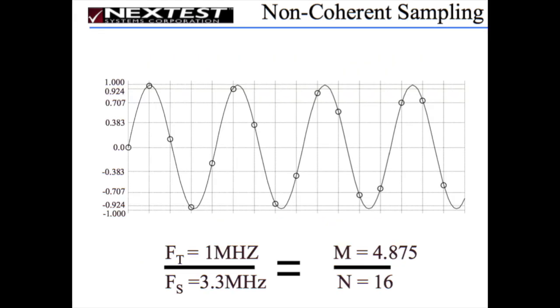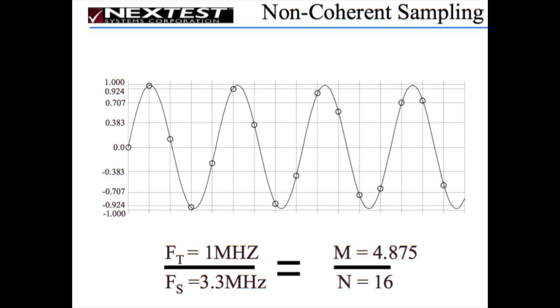Now here's an example. This one is a 1 megahertz sine wave. The sample rate is 3.3 megahertz, which means that M is not an integer. It's never a good thing when M is not an integer. M should always be an integer if you can do something about it. But this is non-coherent sampling, so you can see my individual data points, I got 16 of them.